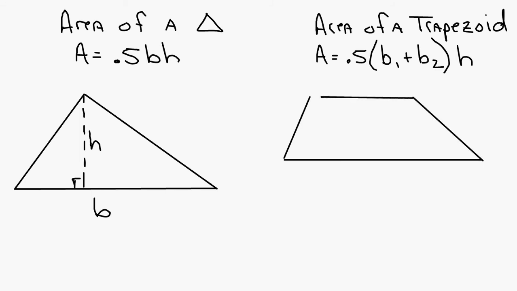And in a trapezoid, the parallel sides are the bases. So this would be your base 1. This would be your base 2. And the height is going to be anything that's perpendicular to those. So this could be the height right here.